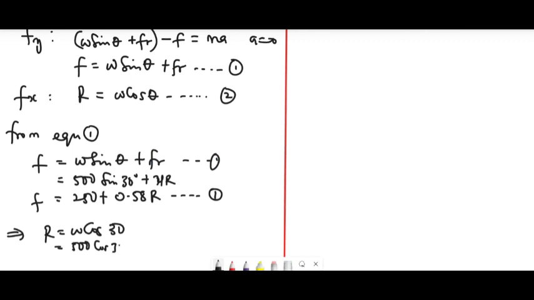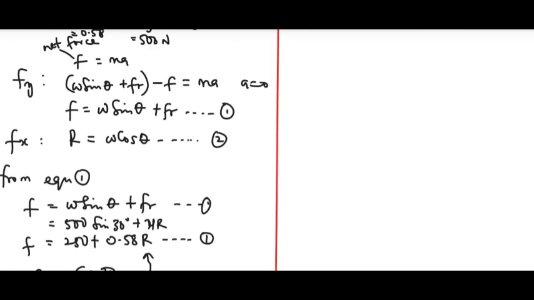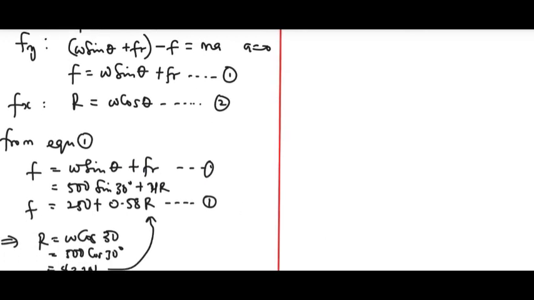Cos 30 degrees is going to give you 433 newtons, right? So can we impute that into this position here? We're going to have F to be equals to 250 plus 0.58 into bracket of 433, right?